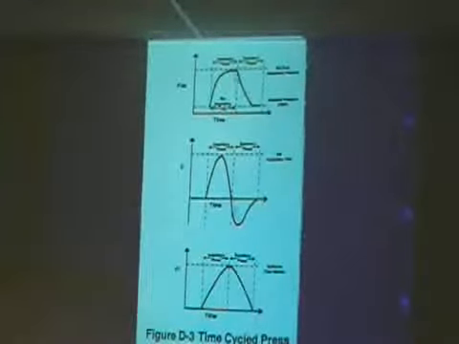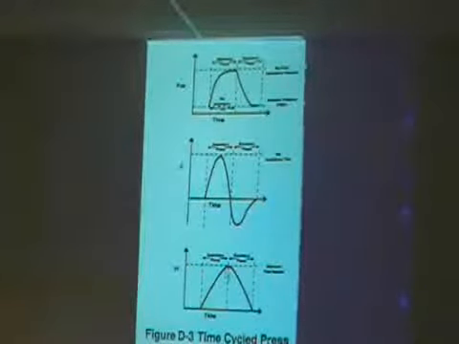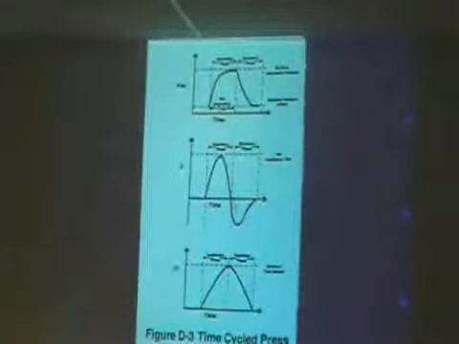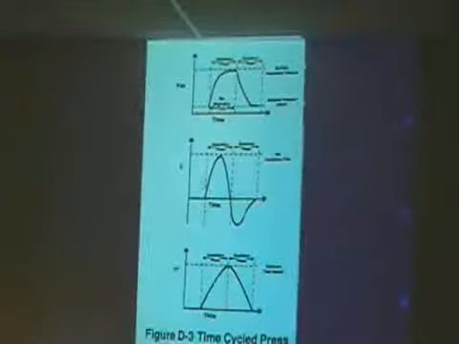And then as we cycle into expiration, then your pressure is going to fall back to zero. Your tidal volume rises to a certain point when your pressure is at a maximum and your inspiratory flow has terminated, okay?